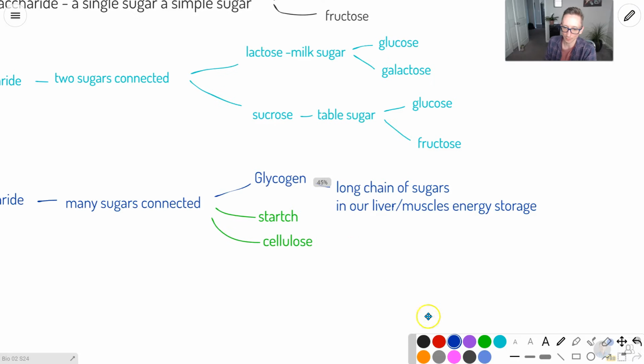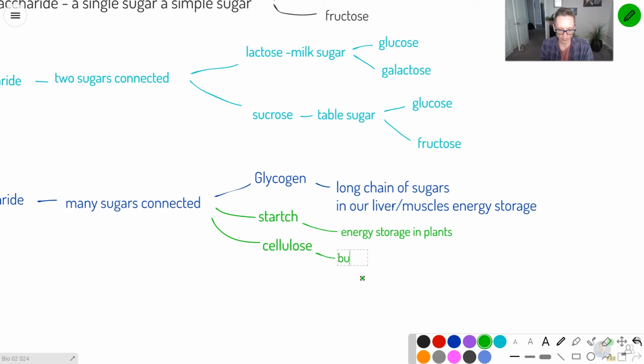Pretty cool. Starch is energy storage in plants. So this would be like potatoes, rice, wheat. Those all have starch. And cellulose is building material, plant building material.